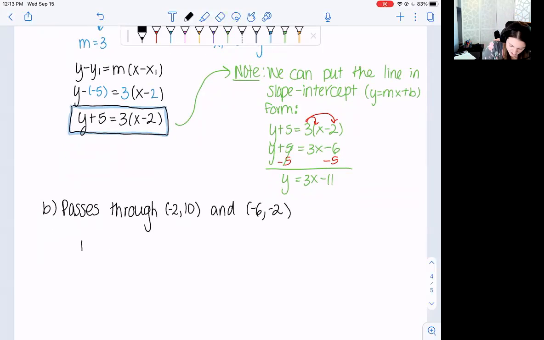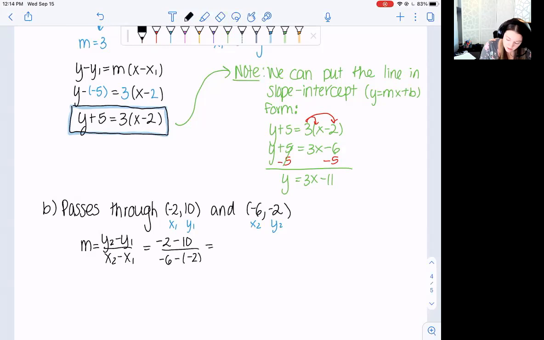Once again, our first step is the same, though. We need to find slope. So y2 minus y1 over x2 minus x1. So y2 is -2, y1 is 10, x2 is -6, x1 is -2. -2 minus 10 is -12. -6 plus 2 is -4.